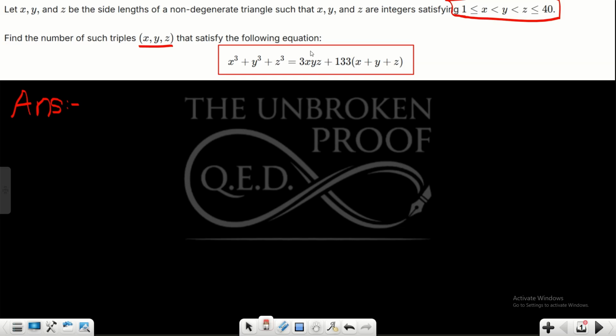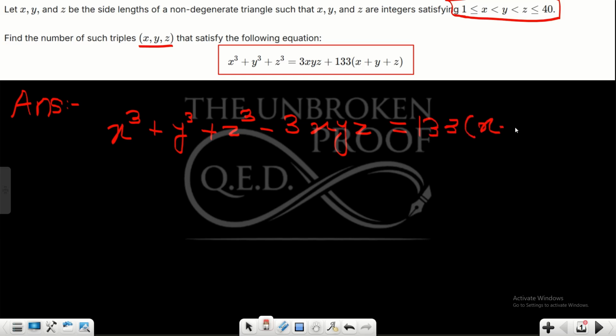One thing you can observe is that if you place these three x, y, z into the LHS, it is going to be x cube plus y cube plus z cube minus 3xyz equal to 133 times x plus y plus z. Now it is very clear that we can convert this in the form of x plus y plus z, so that we can reduce from three forms to two forms, right?